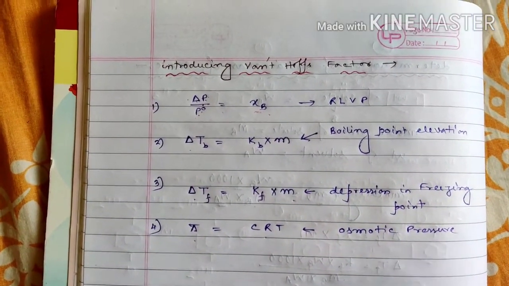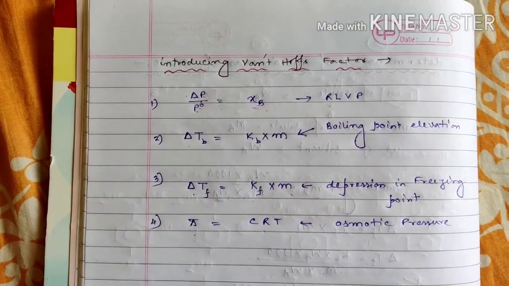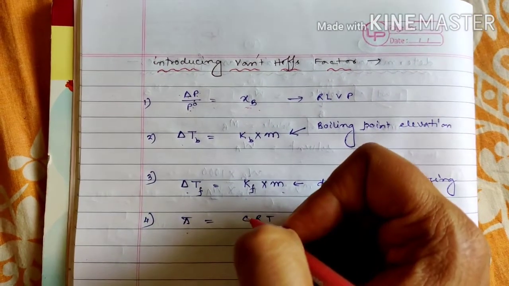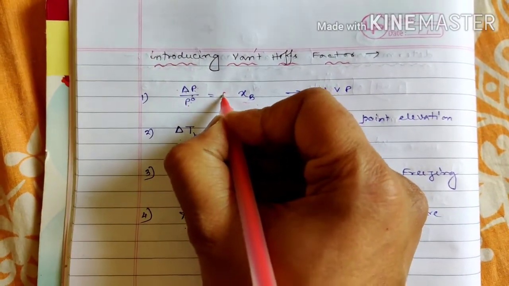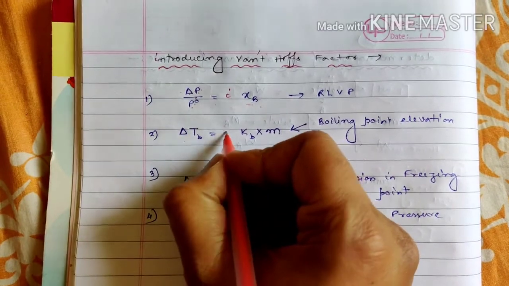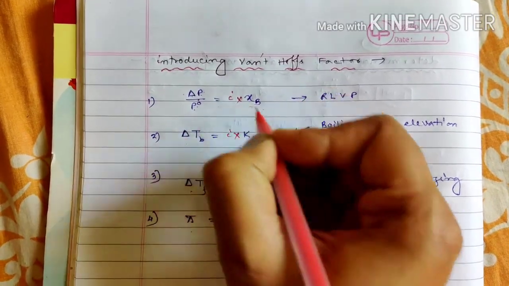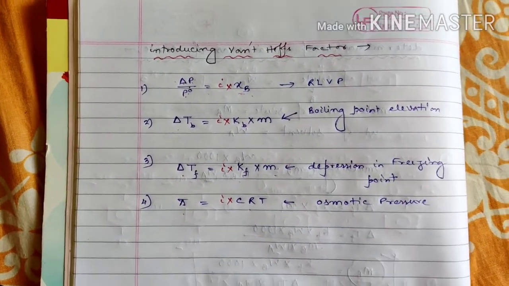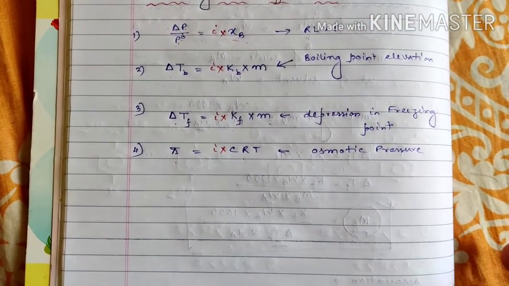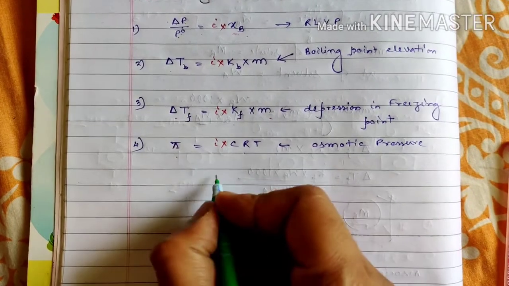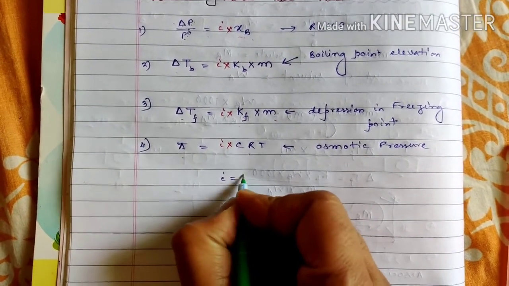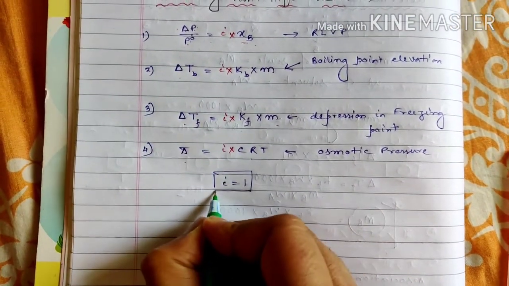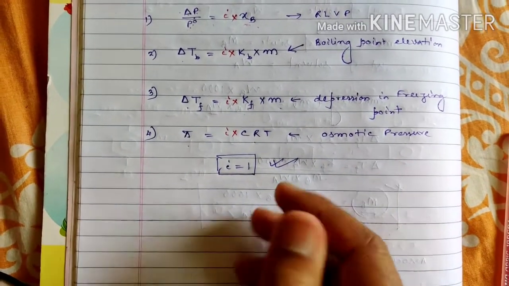Now, if there is any kind of dissociation or association, everything will be multiplied by a factor called i. So it will be i into Xp, it will be i into this, it will be i into Kf into m, and it will be i into C into R into T. Now, obviously, if there is no association or dissociation, i will be equal to 1, which is the best case, the ideal case.